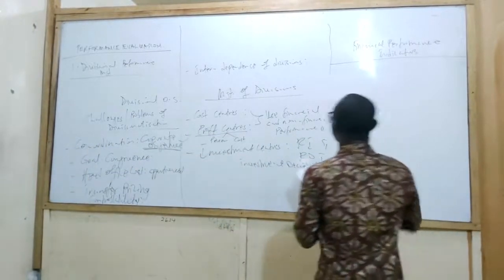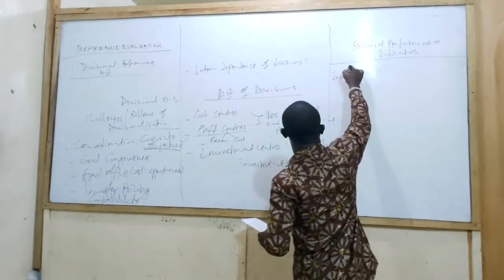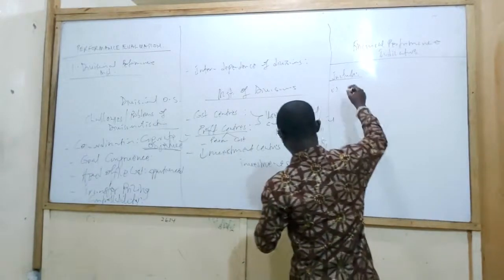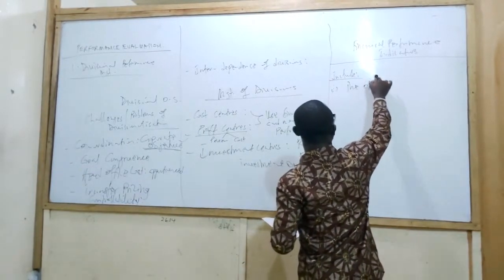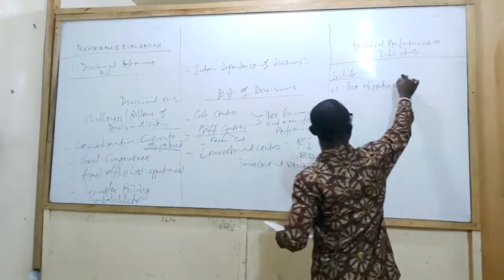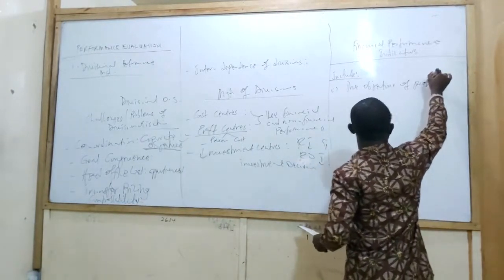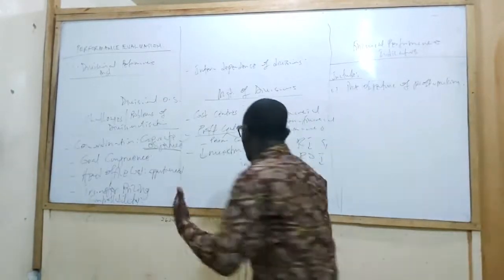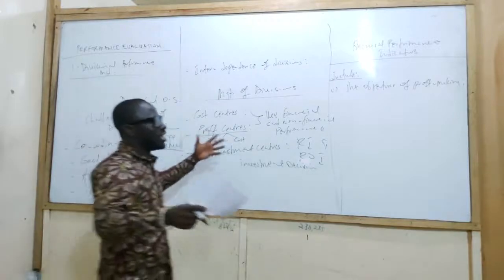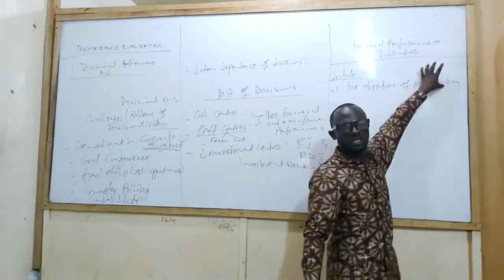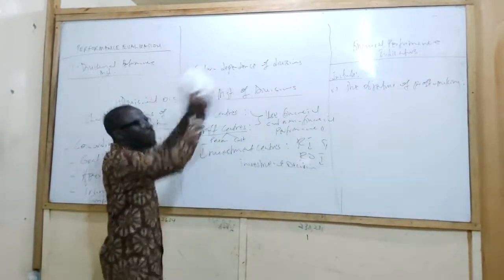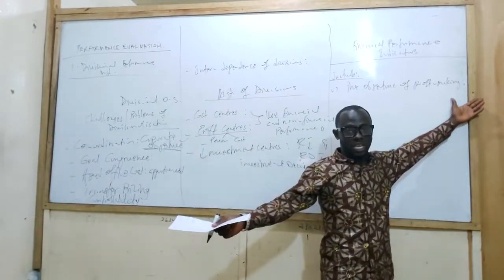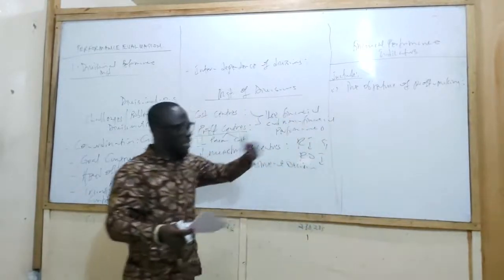Some of these performance indicators include the following. Number one is the objective of profit making. For profit organizations exist in order to make profit. So one way they can measure their performance on financial grounds is how much profit they make during the year. So the objective is to make profit.